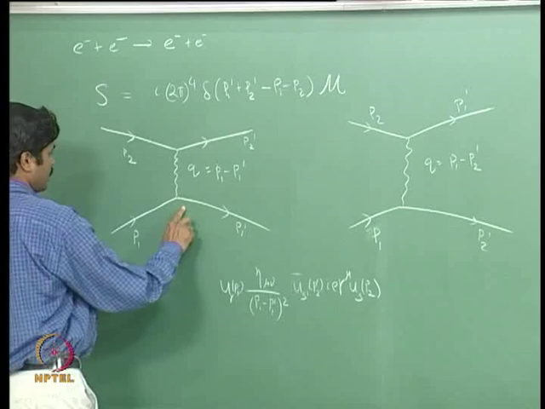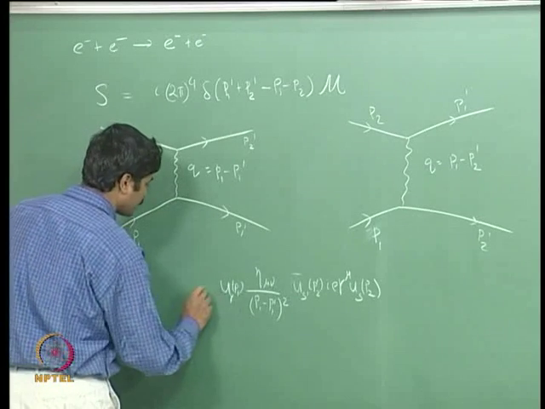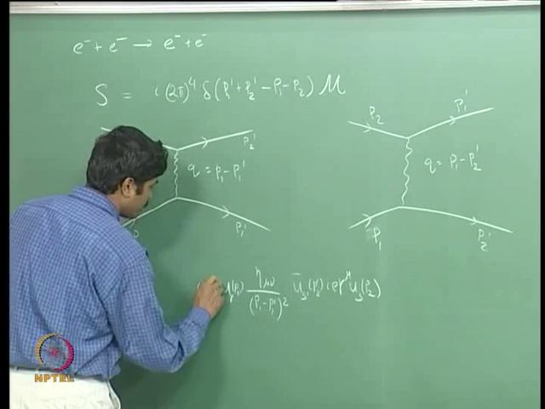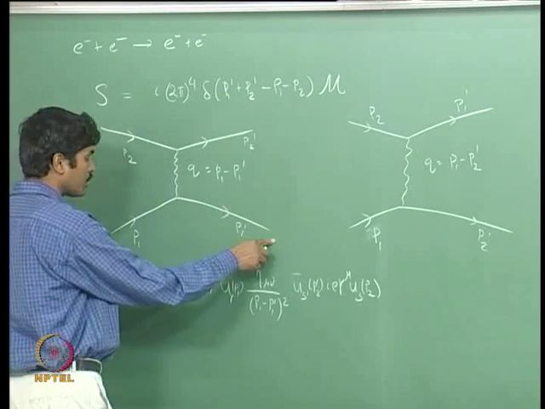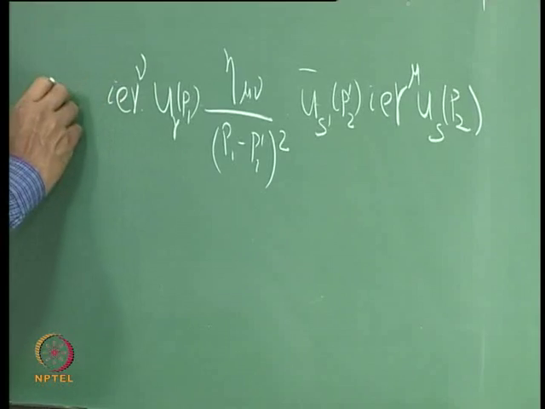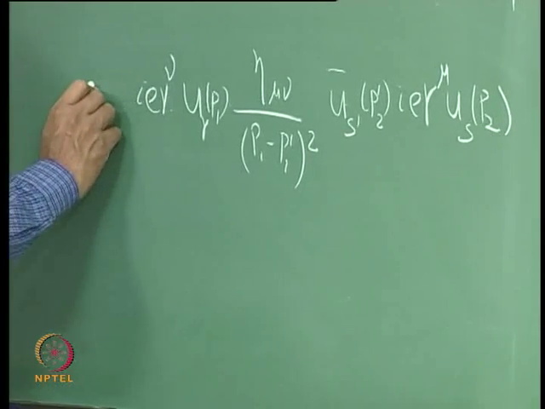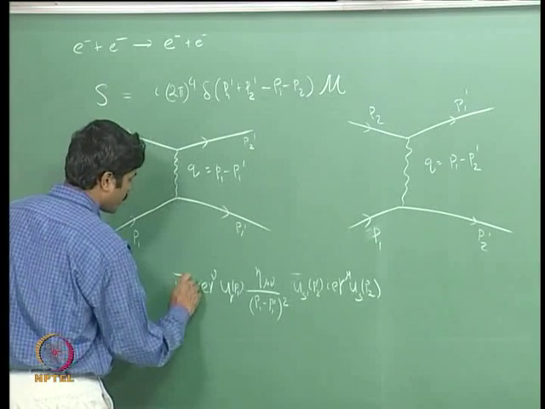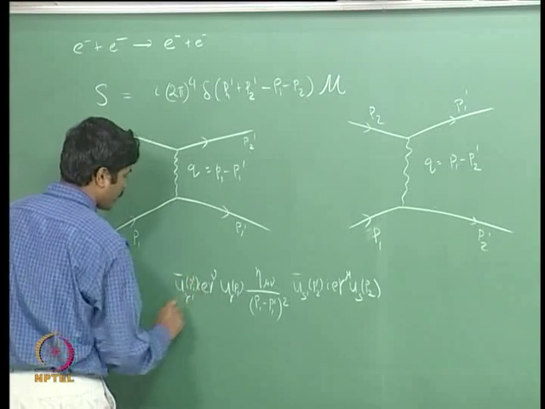Then I have a vertex for which I will write i e γ^ν, and I have an outgoing electron for which I will write ū_r' of p1'.